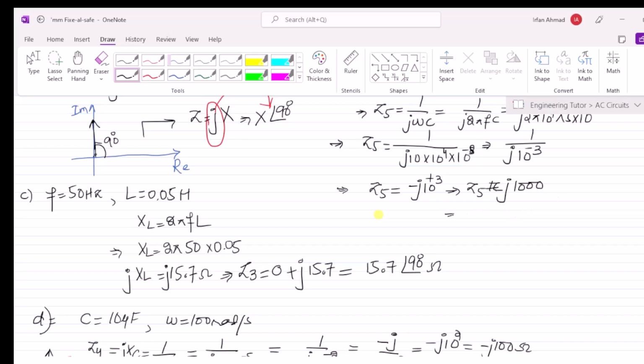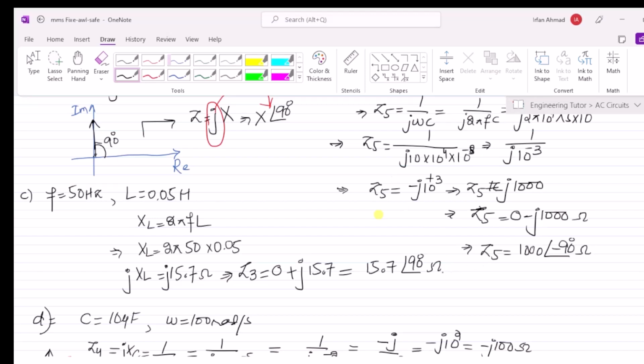In the rectangular system, Z5 equals 0 minus j 1000, or in the polar form, it will be 1000 with an angle of minus 90 degrees. That is also in ohm, and that is the answer of my part E here.